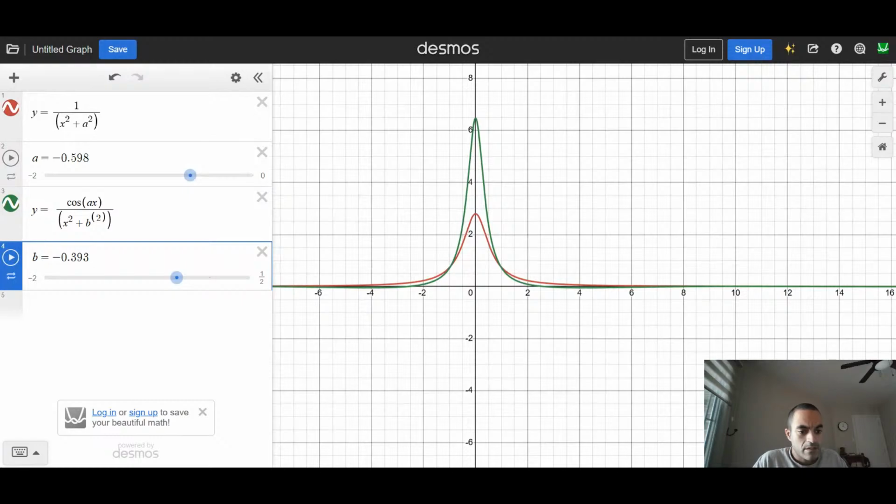Same thing with y equals cosine of ax divided by x squared plus b squared. The restriction is in the denominator, right? x cannot equal plus or minus ib, because x squared would be equal to negative b squared. Taking the square root of both sides leaves us with x cannot equal plus or minus ib, where i is an imaginary number. Remember, i is always equal to the square root of negative 1.